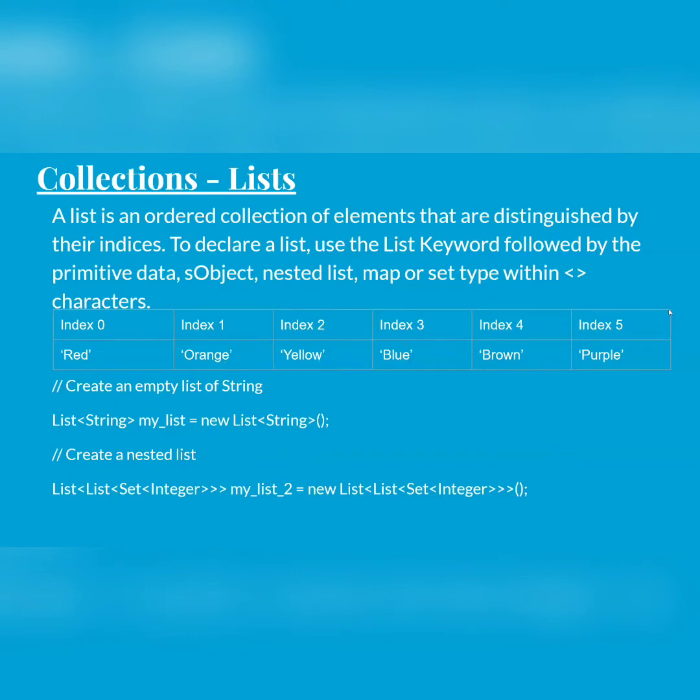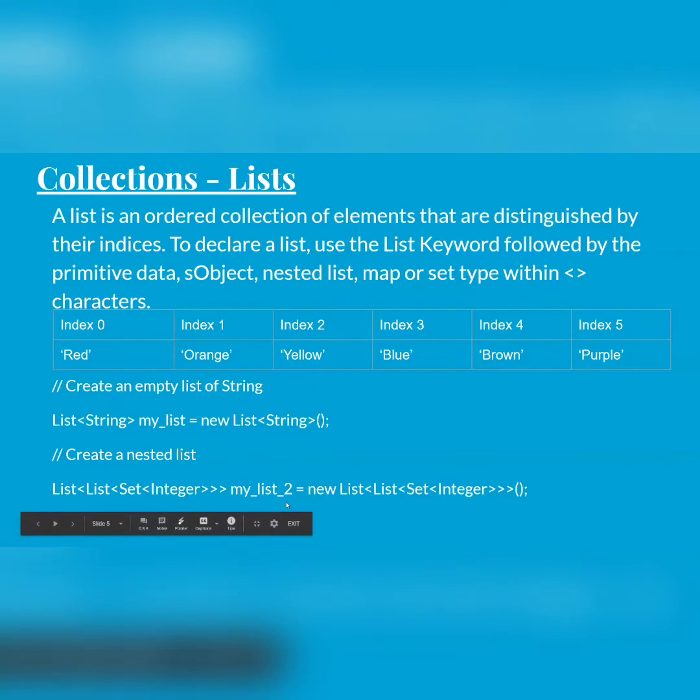You can see this table here, and here you can see how you can define it. List, then under that the data type of this list, then a custom name, equal to new list string, and then the parenthesis. Here you can define different values, or you can define values after this as well.